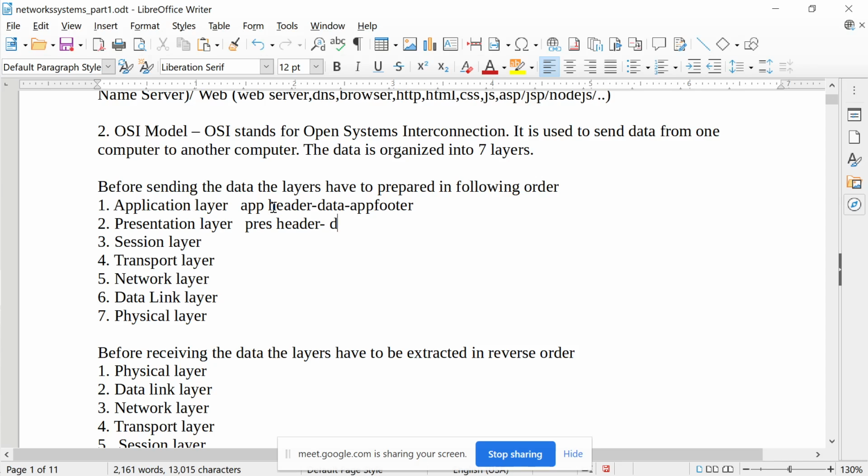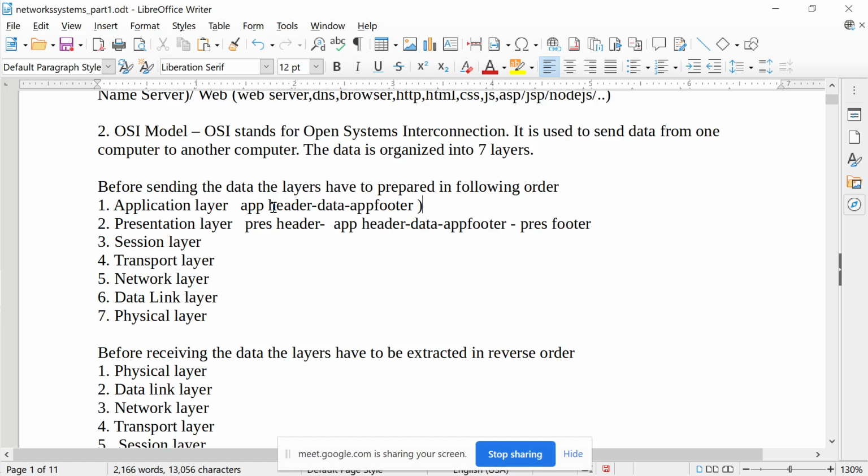So there will be a data and a presentation footer, but this data has come from where? From the top. So whatever this data is, it becomes the data part for the next layer. So are you getting how this information is building up?